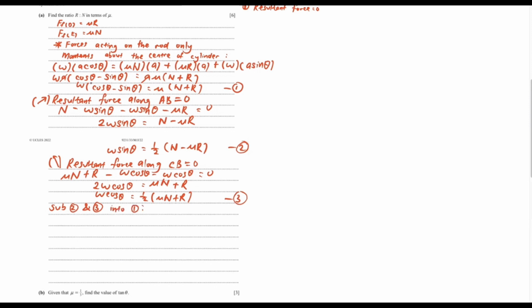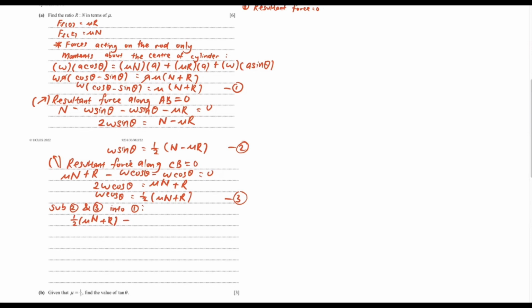Okay, so first I have W cos theta replaced by 1/2 (mu n plus R). Then if you see here, expand it and imagine that I have W sine theta, which takes a negative sign.